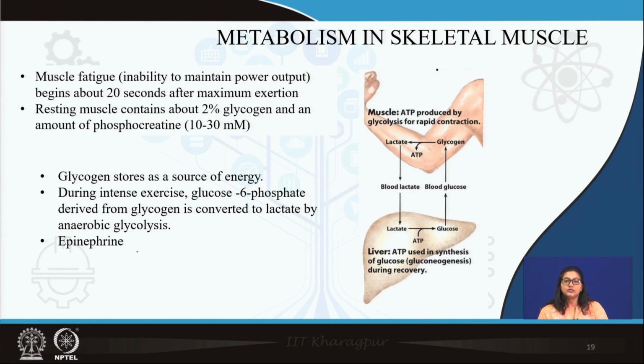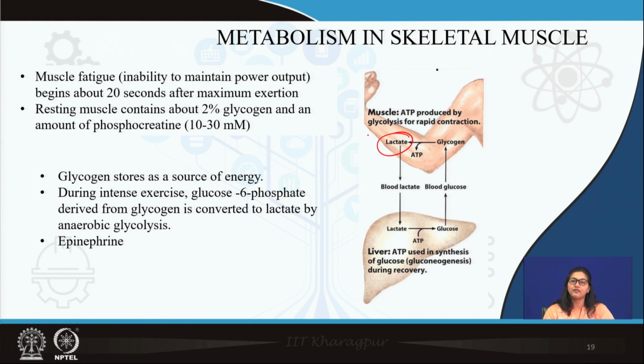So here you can see that on intense exercise there is formation of lactate, because of course there is anaerobic glycolysis occurring in skeletal muscle during intense activity, because definitely there is energy deficiency, or rather the nutrients cannot be supplied at par with the requirement.